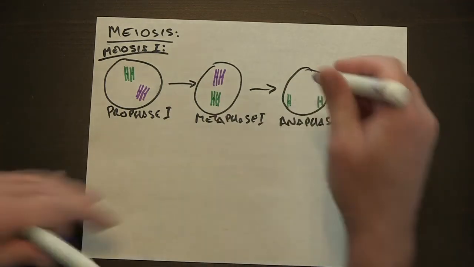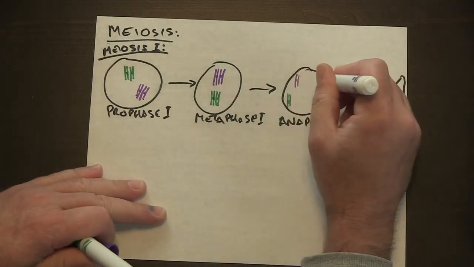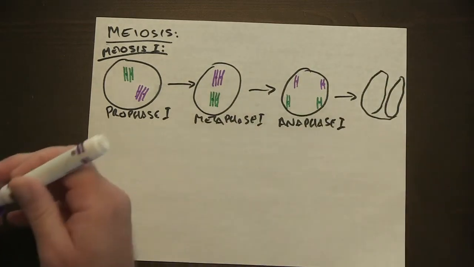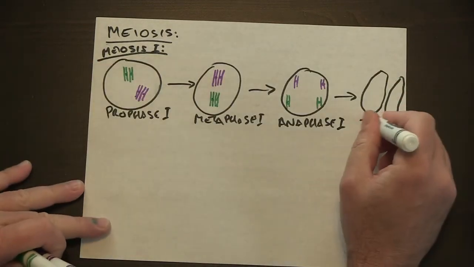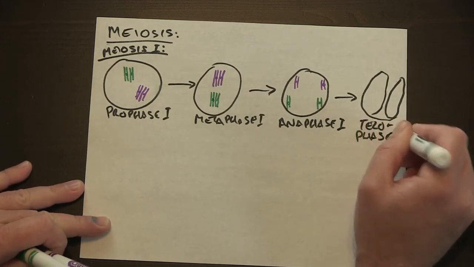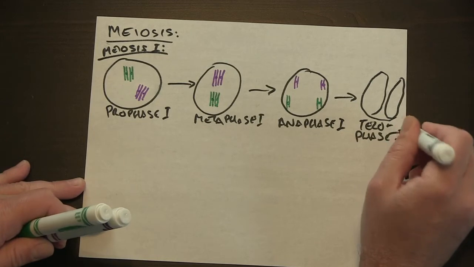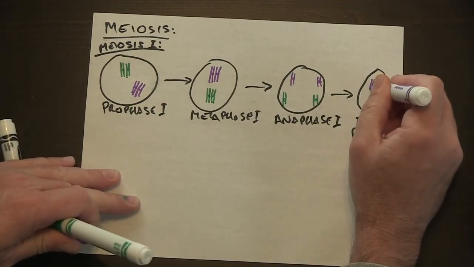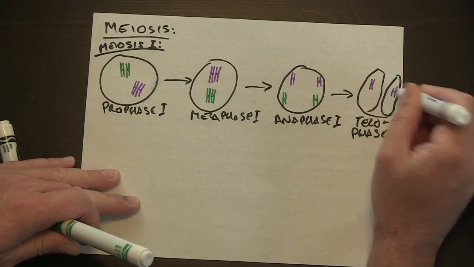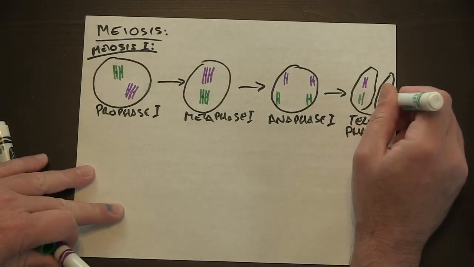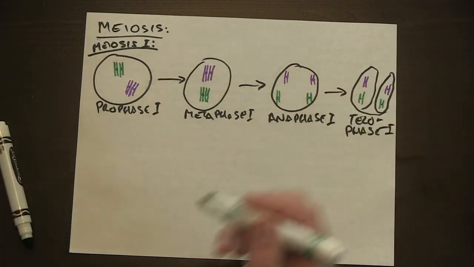So this is where the homologous chromosomes separate, but there's still 2 copies there, right? Then during telophase and cytokinesis, telophase 1, the 2 cells that are made have the sister chromatids, the duplicated DNA.